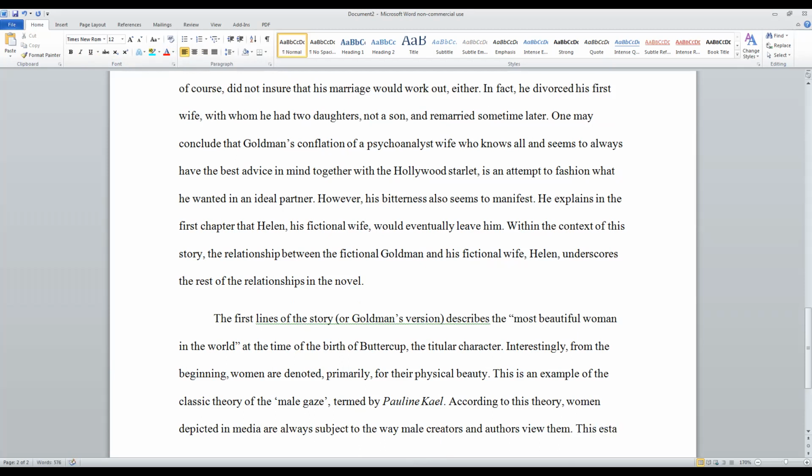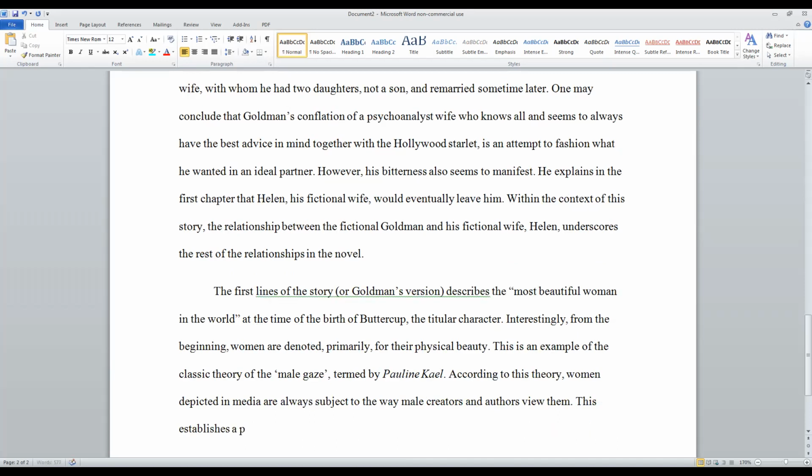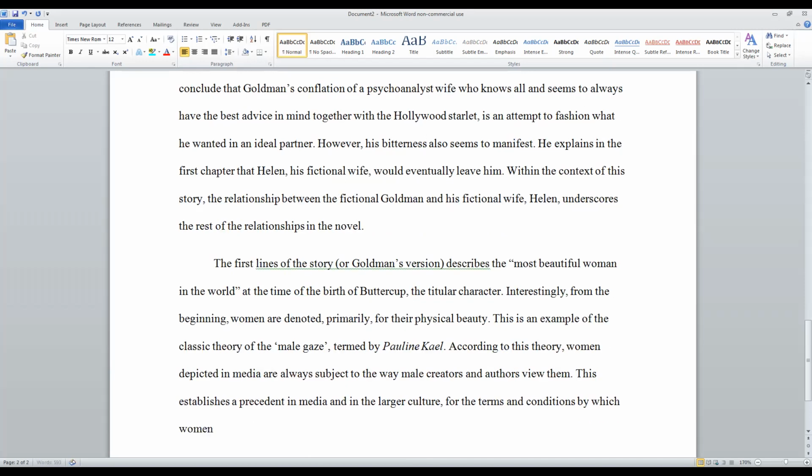This establishes a precedent in media and the larger culture for the terms and conditions by which women are valued and judged by men and by other women.